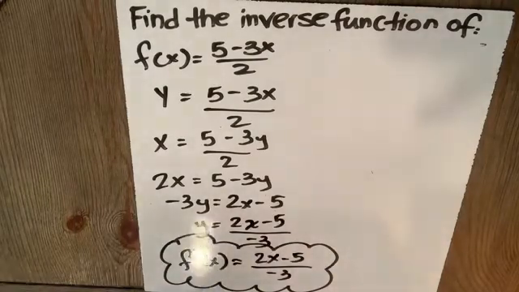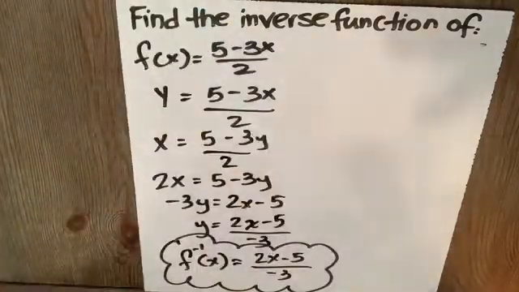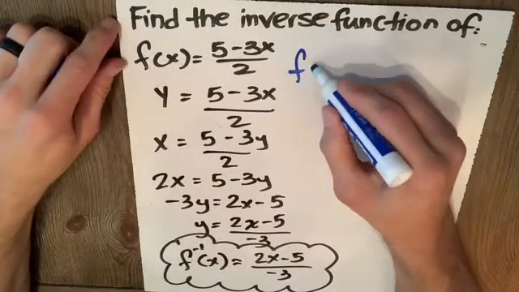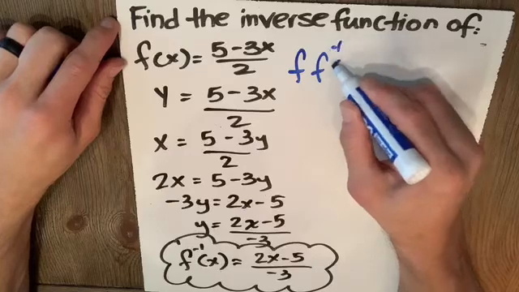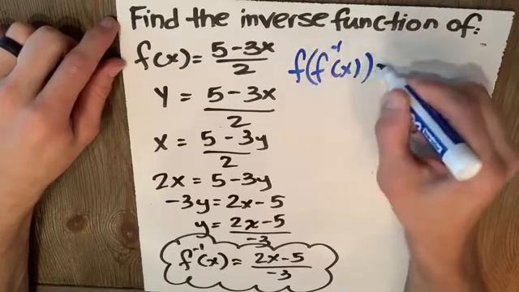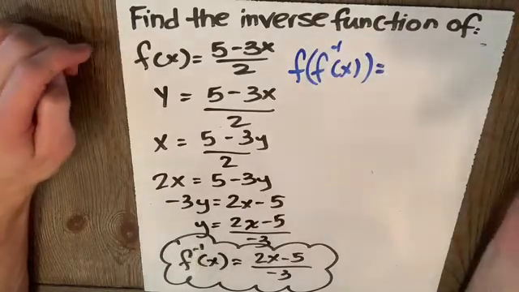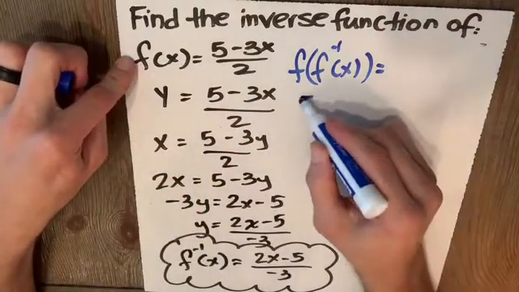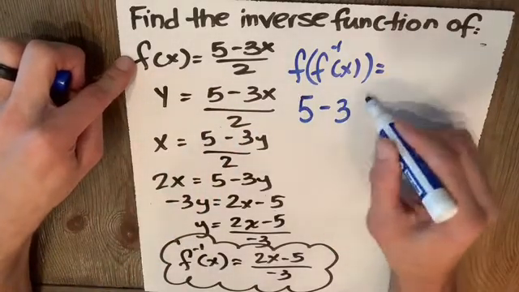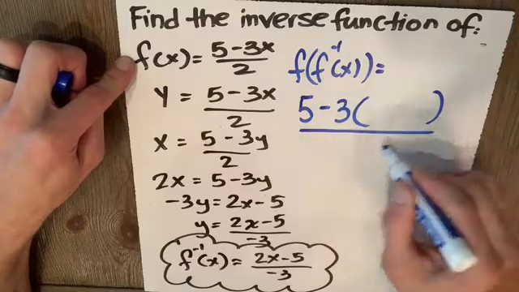Let's be sure. Well, how can we be sure? Let's find out what f of f inverse of x is. And if we've done this right, it will be just x. So our f rule says take 5 minus 3 times our input and then divide by 2.